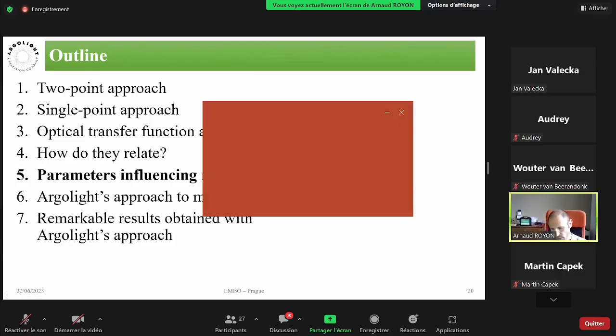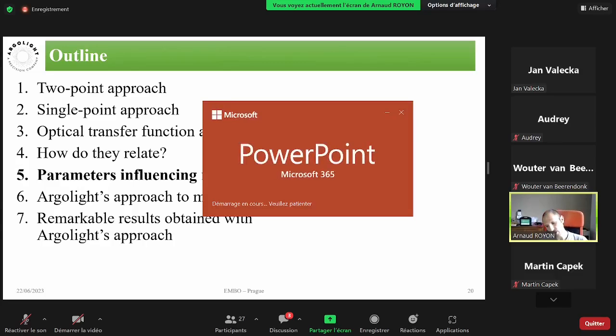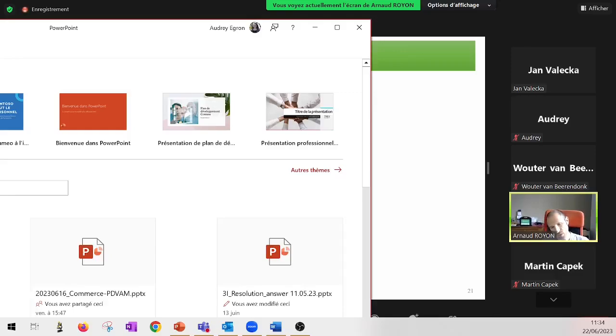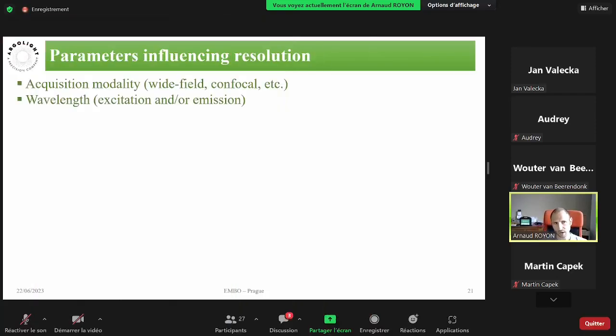Okay, now let's talk about the different parameters influencing resolution. Well, actually, there are many parameters. Of course, there's the acquisition modality, whether your microscope is a wide field or confocal, for example. The wavelengths, both the excitation and/or the emission ones.